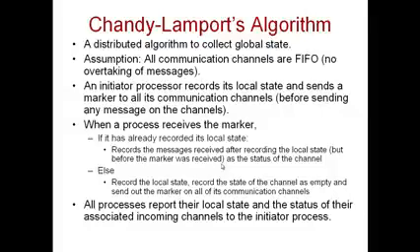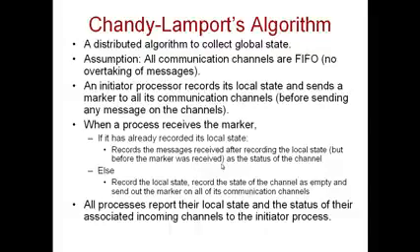The initiating process records its local state as a collection of all the messages that it has sent and received so far, and sends out a marker. Now it has not sent any message, so it records the local state and sends out a marker on a communication channel.